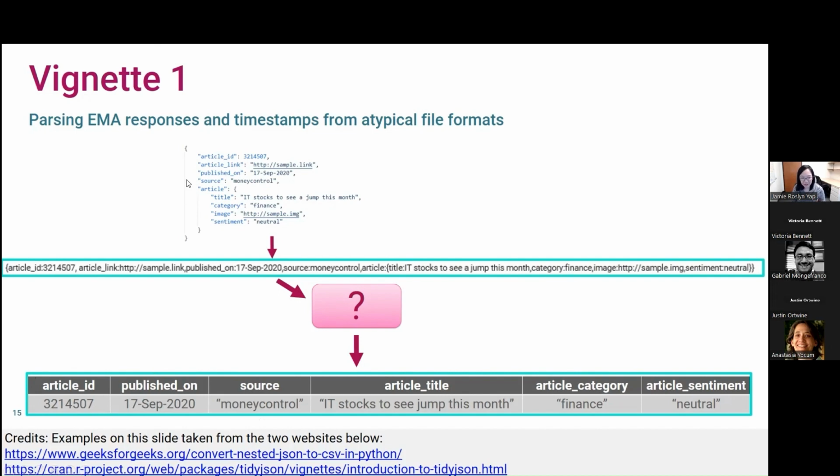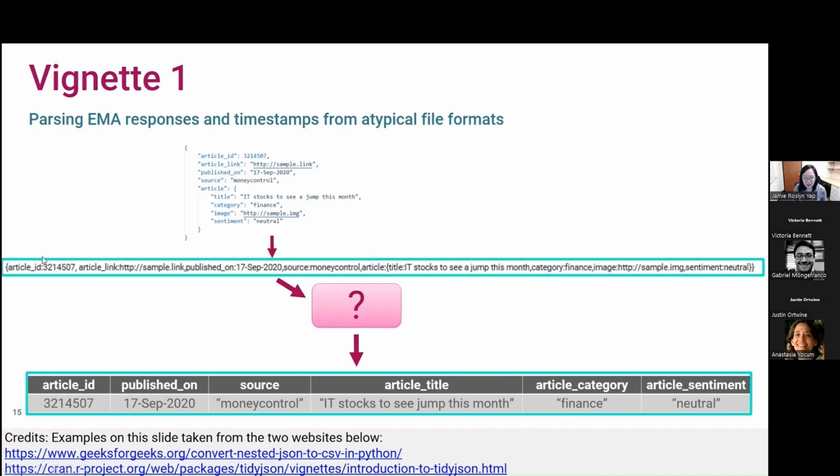As you can see, the box down here is in the typical format that your favorite statistics package can recognize, whereas the second box here in the middle is not really in a form that your typical software can recognize. So what's that question mark?